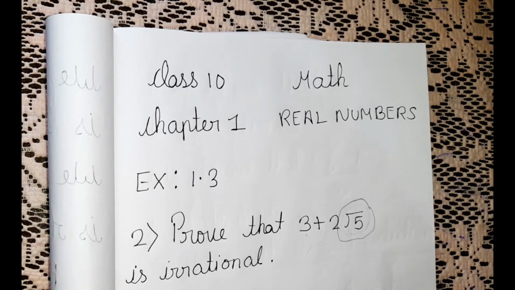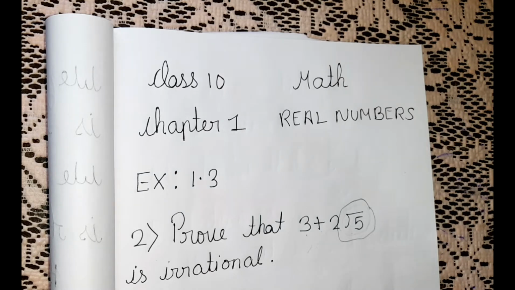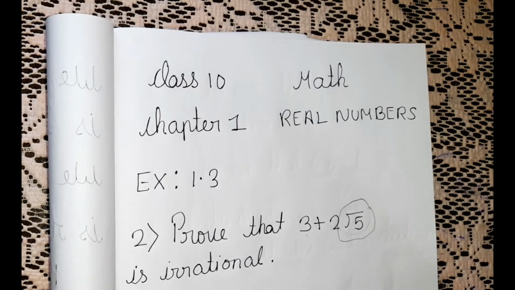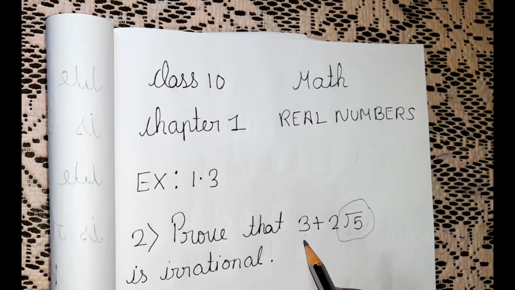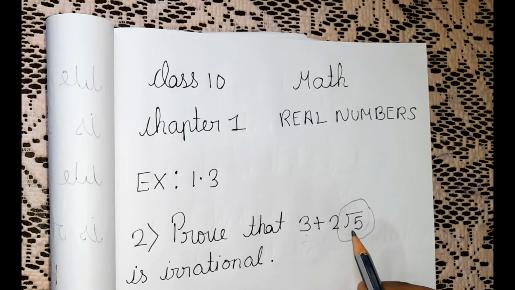In the first question, the question is root 5 is irrational. For that, whatever steps we wrote, you should write that first. You should write, let us assume root 5 is a rational number, write p by q, and whatever I solved in the first sum, you should write as it is. After that you should prove that 3 plus 2 root 5 is irrational.